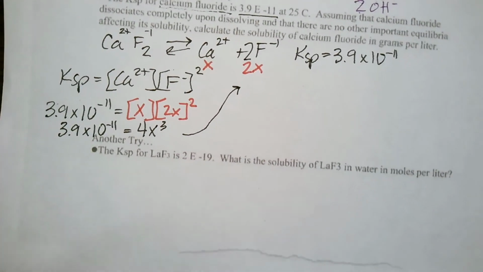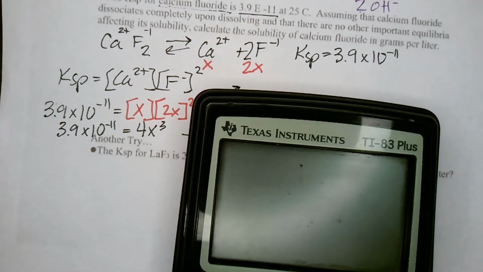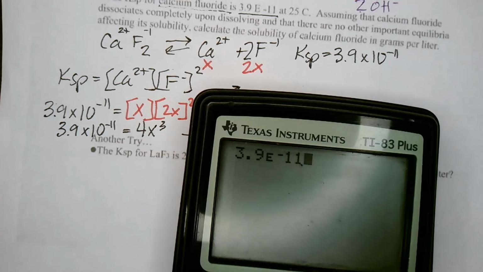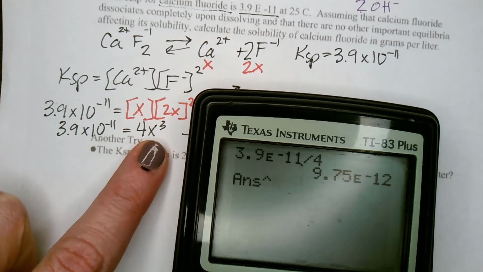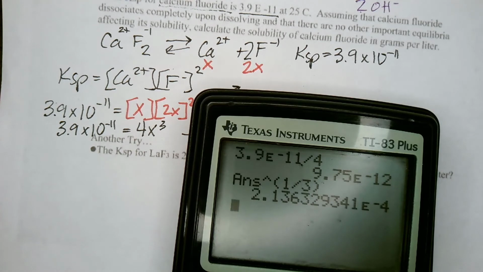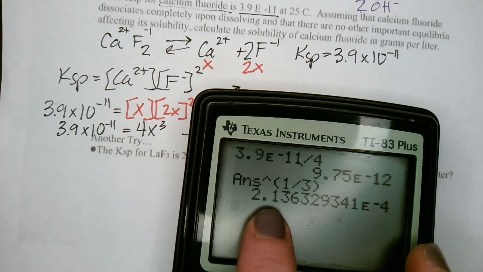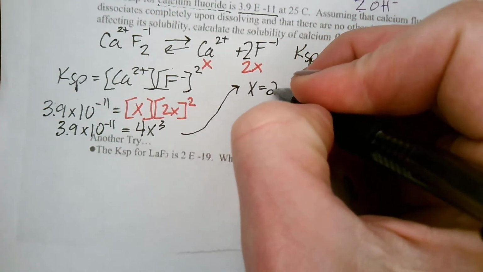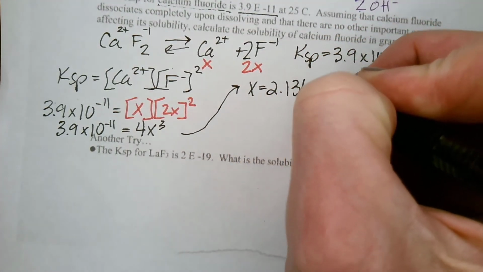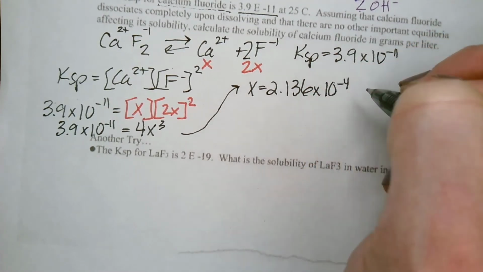I'm going to take my 3.9 times 10 to the negative 11th, divide it by 4, and then in order to get rid of a cube, I have to take it to the power of 1/3. And I should get x is equal to 2.136 times 10 to the negative 4th.